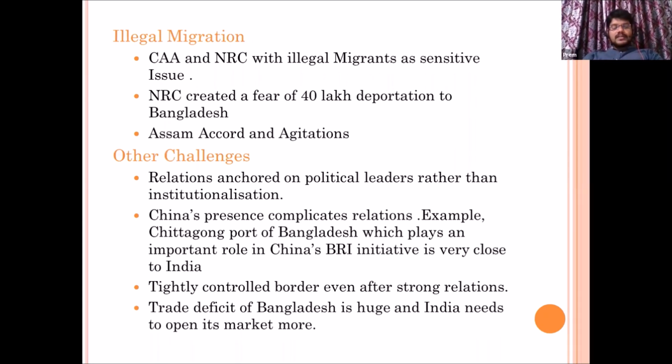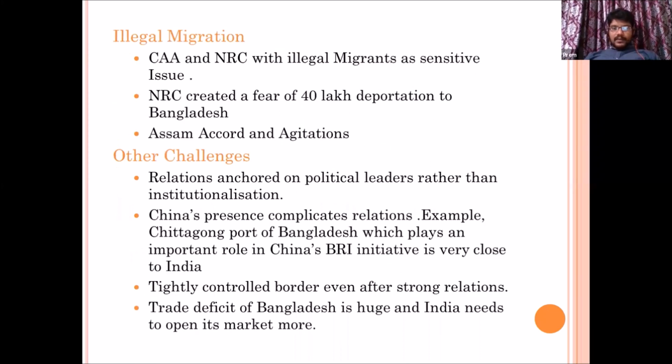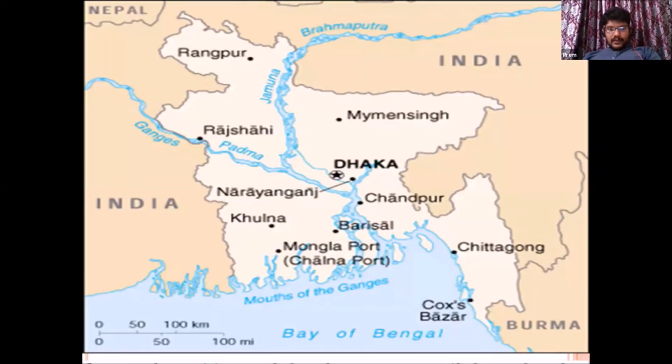The major project is the Chittagong Project. Chittagong, if you see on the map, is somewhere here in the down. If China has a port here, now imagine what the implications will be, security-wise and strategically, for India. Kolkata port is somewhere here.